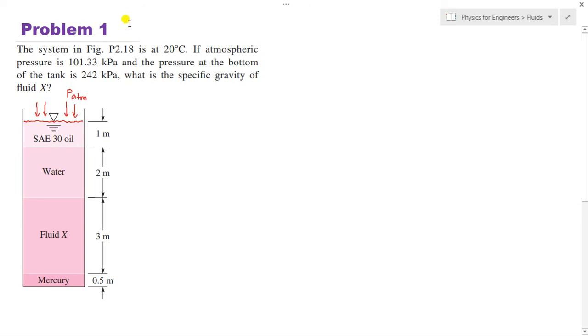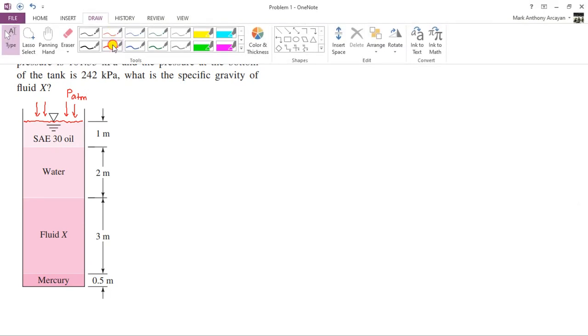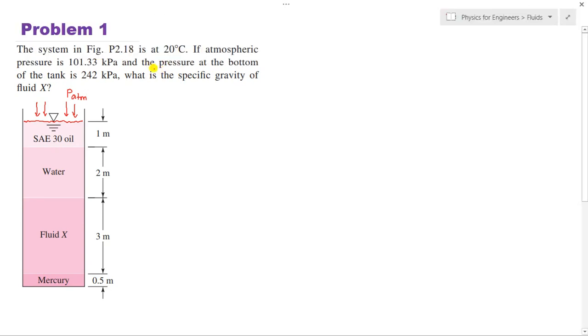And the pressure at the bottom of the tank is 242 kilopascal. So where is this? It is here at the bottom. We indicate that P bottom is equal to 242 kilopascal.